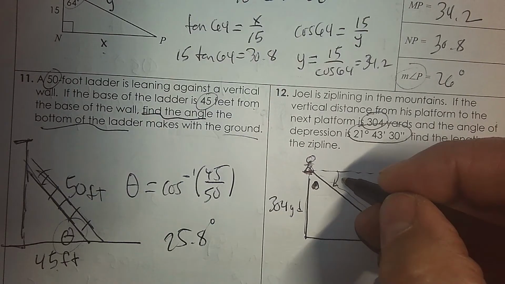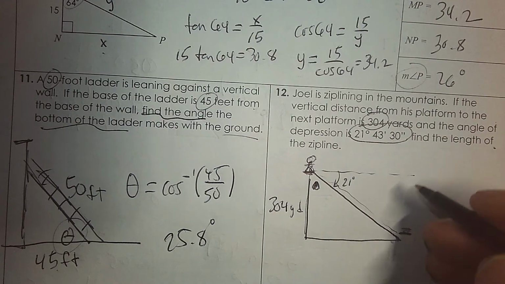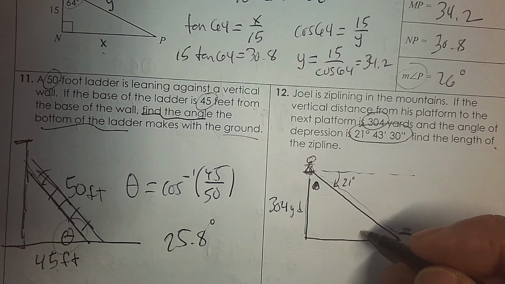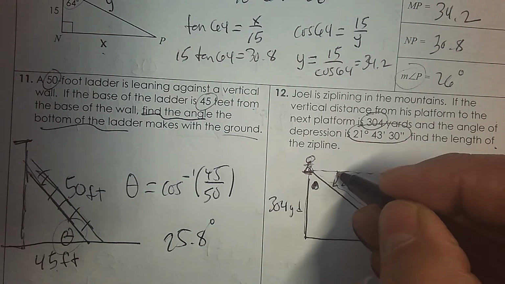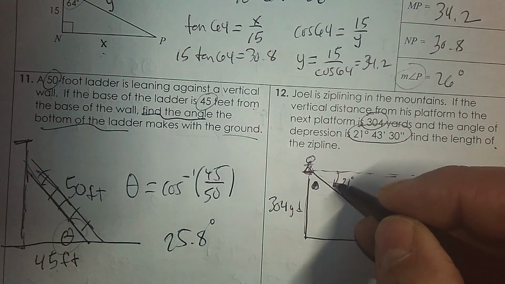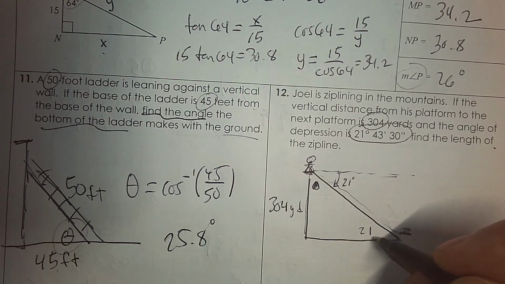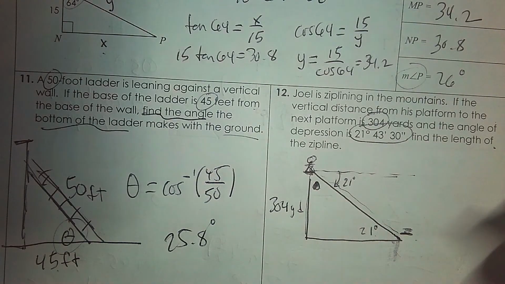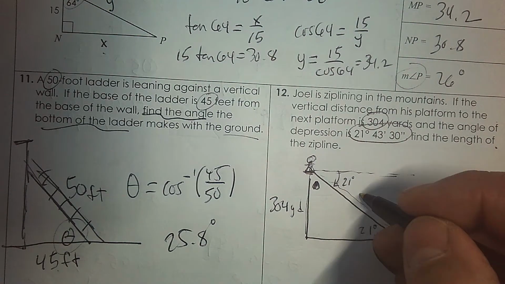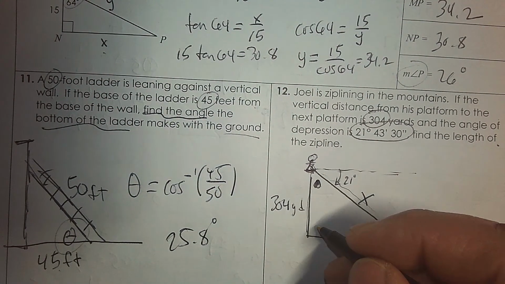It would be like 21 degrees, and then that would actually be here. So the angle of depression is made with the horizontal. If I do that Z pattern, it would also be the same as down here with parallel lines. And then what we're looking for is the length of the zip line, that hypotenuse right there.